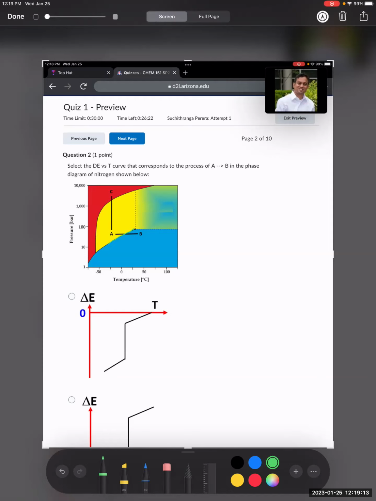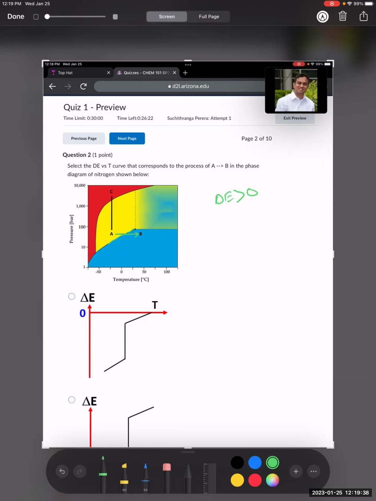Liquid is becoming a gas. So we are providing energy to the system. We are heating the system, because we are increasing the temperature from A to B. A is at a lower temperature and B is at a higher temperature. Therefore, delta E must be greater than 0.